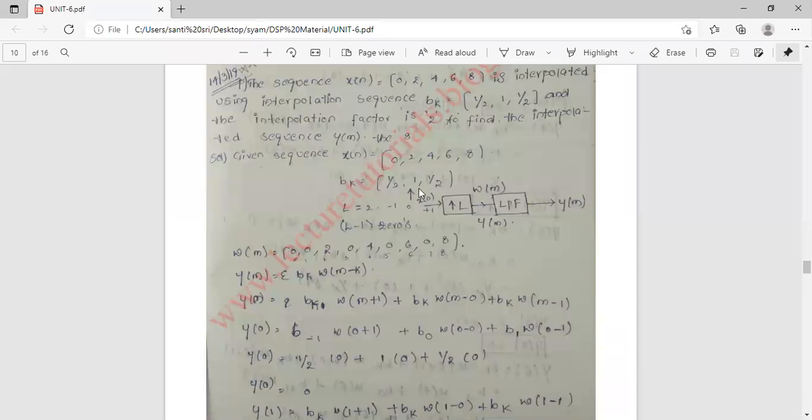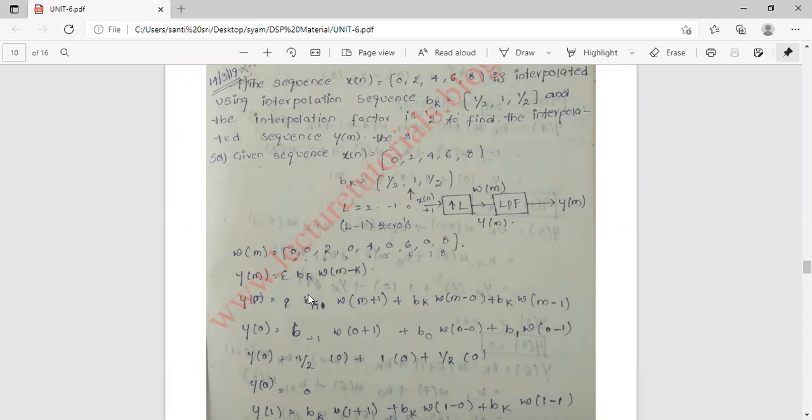So here bk is given with an arrow mark indicating that b of 0 is 1, b of minus 1 is 1 by 2, and b of 1 is again 1 by 2. So bk has three values, right? That's why here we are writing b of minus 1, b of 0, b of 1.